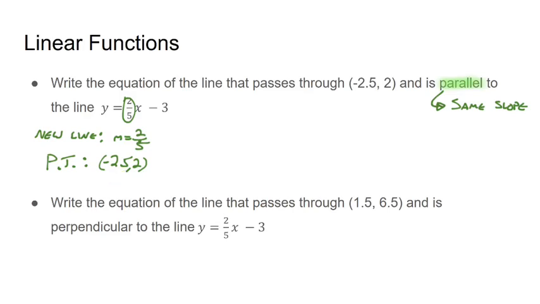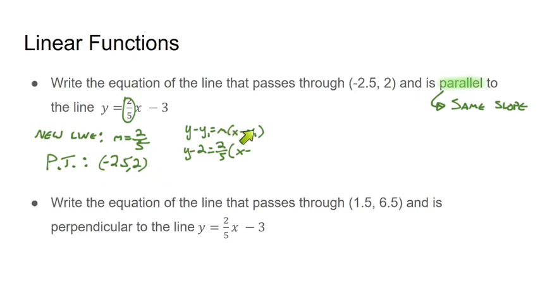So from there, we're just going to do point slope form in this video. So I'm going to do y minus y1 equals your slope times x minus x1. Y minus 2, because the y coordinate of the point we passed through is 2, equals 2/5 times x minus a negative 2.5.